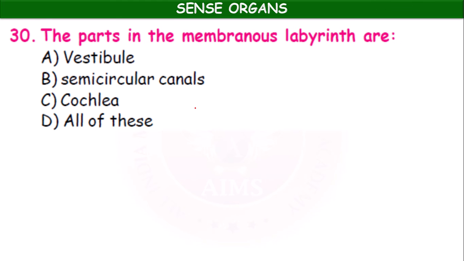The parts in the membranous labyrinth are vestibule, semicircular canals, cochlea, all of these. The membranous labyrinth, the inner ear, consists of the vestibule, semicircular canals and cochlea. All of these.